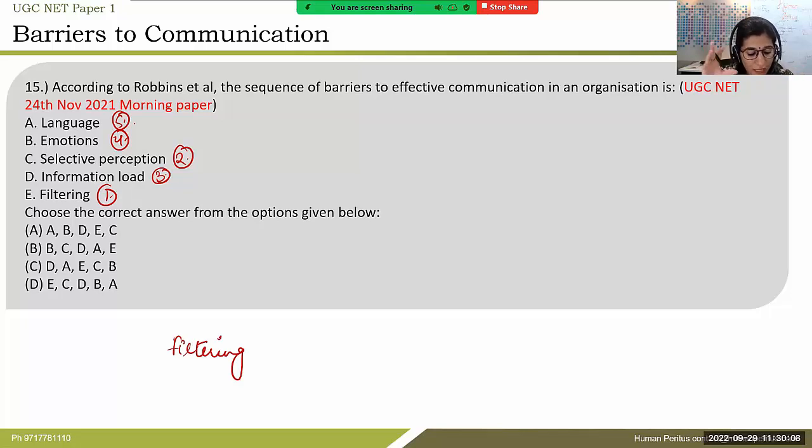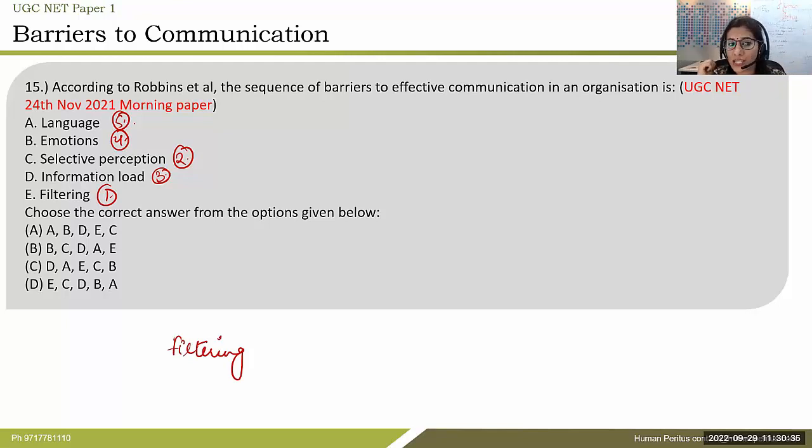So number one comes as filtering. Filtering is when you try to receive the message according to your belief system and your value system. You are trying to filter the message and not taking the message as it is being communicated to you. Selective perception is when you perceive that message according to your belief system and your personality.